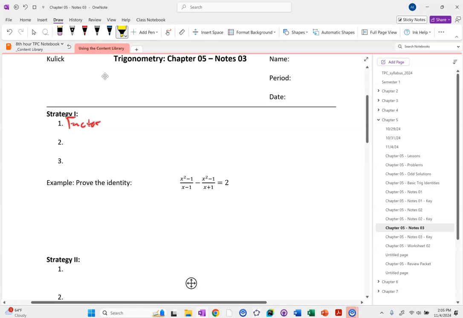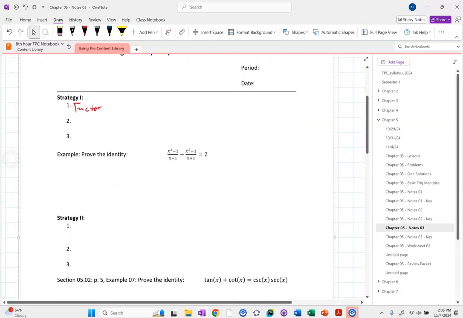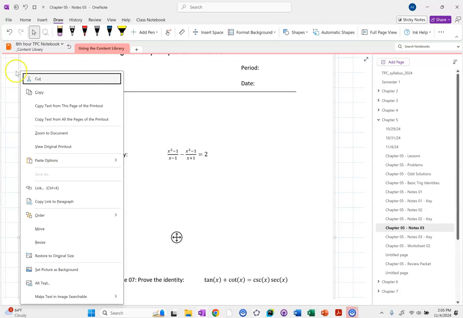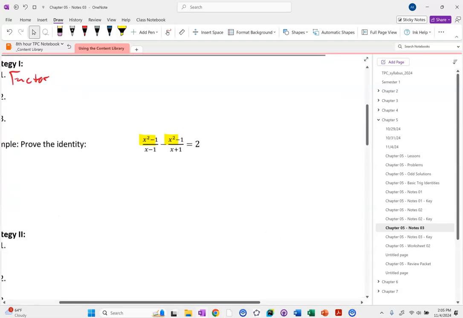Should be no surprise there, given that it's the only one with a squared in it, right? How does x squared minus 1 factor?